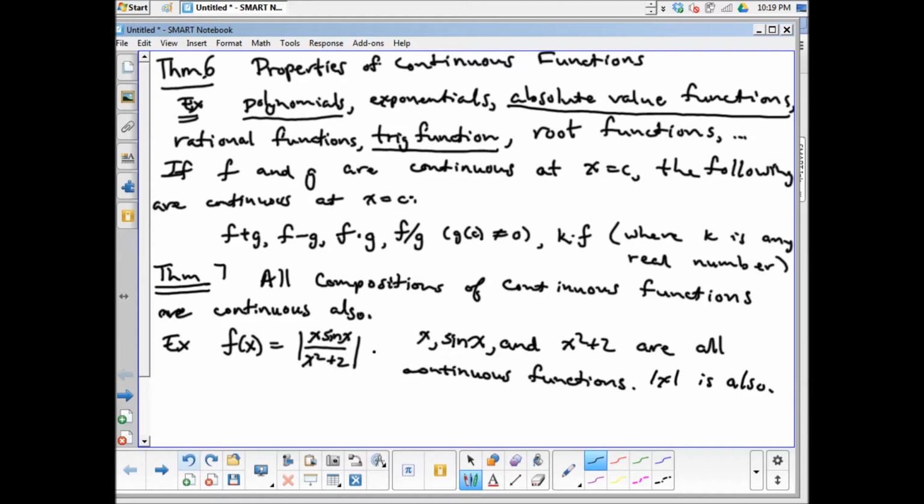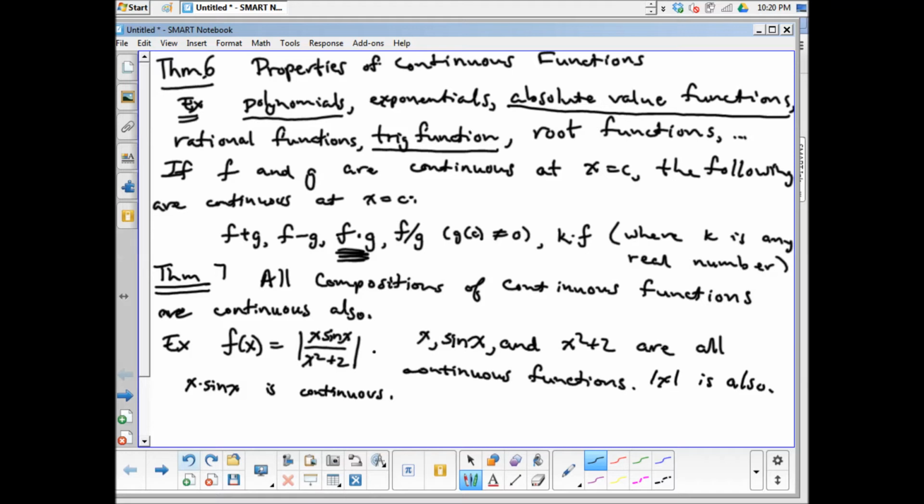Okay, so why is it, or is it, that this function we're looking at, f of x, is continuous? Well, we should be able to decide that now. So let's take a look. It seems like everything it's made of is continuous. The parts are, and the entire expression being absolute value. So let's go ahead and work this out. Since x is continuous, we know that x times sine x is continuous, because we said up here that a product of two continuous functions is continuous.